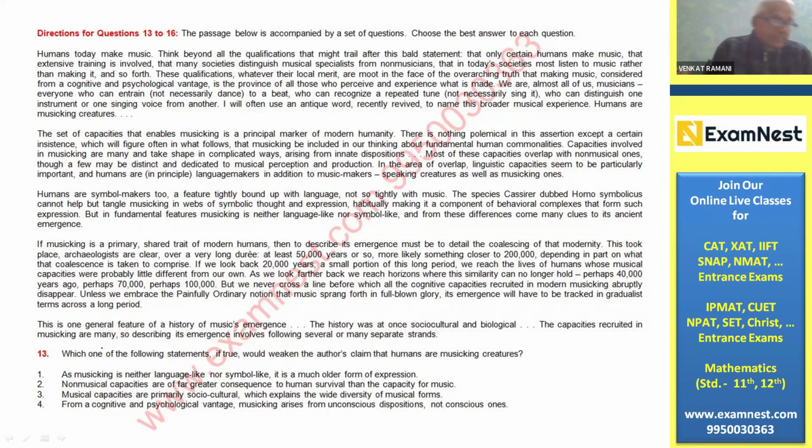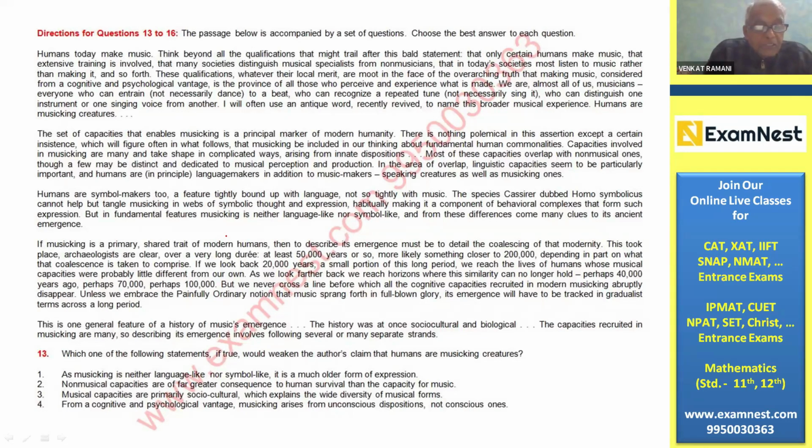It was an earlier invention. It has an earlier origin, and that is what he takes up in the last paragraph, where he talks about that 50,000 years or so, or 20,000 years or so, that you had the musical capacities working, and the music, you see, originated long back. But it developed slowly across a long period of time. That is what he points out.